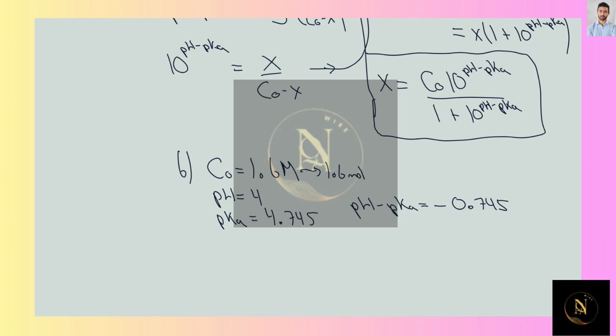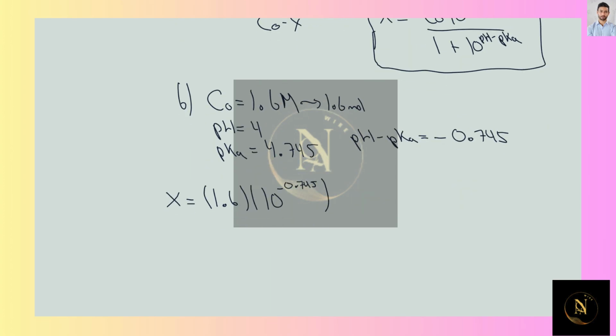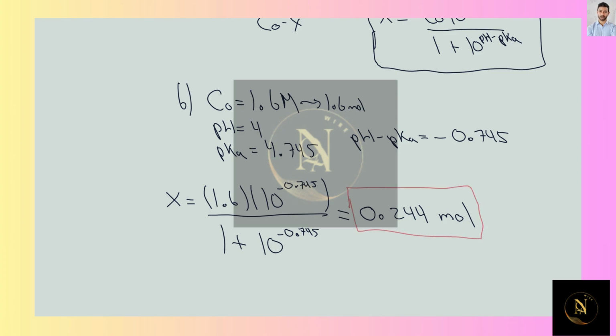So the amount that I need to add will be 1.6 multiplied by 10 to the minus 0.745, divided by 1 plus 10 to the minus 0.745. The result is 0.244 mole. This is the amount that we need to add in part B.